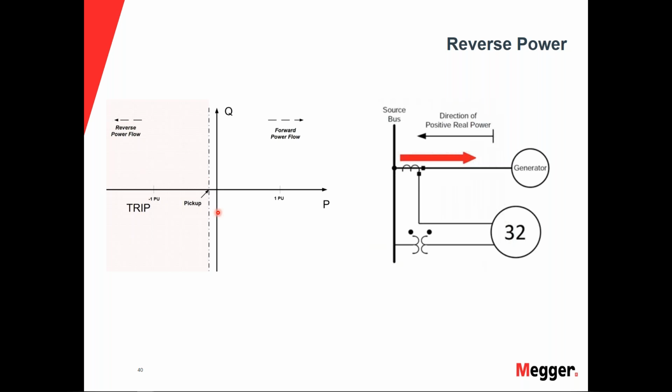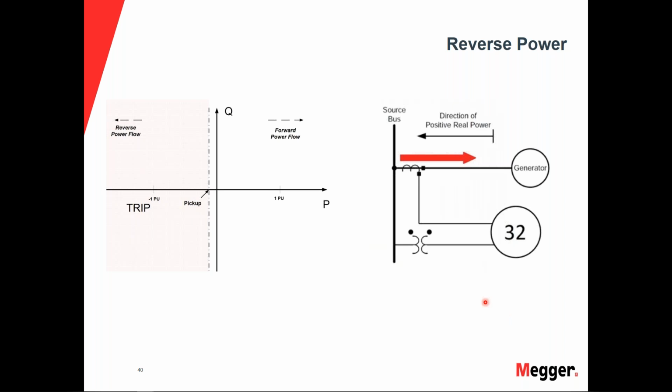If we're in zone 2 of loss of field, that time delay could be long enough that the impedance would actually swing over and we would be into reverse power. Because it's just kind of a race.